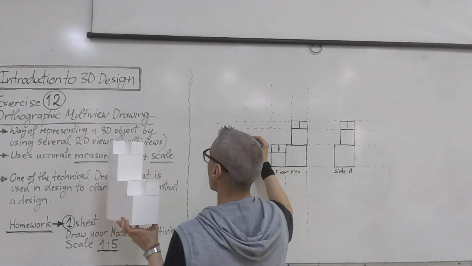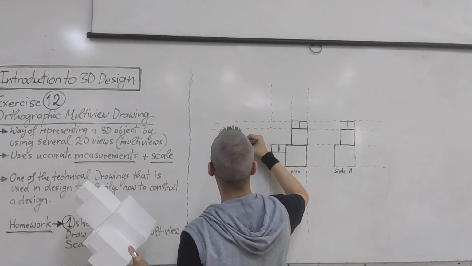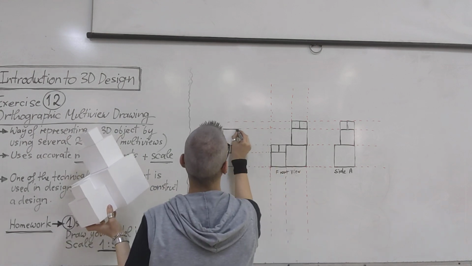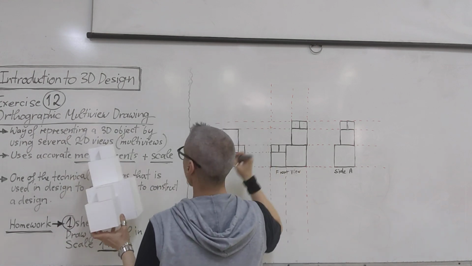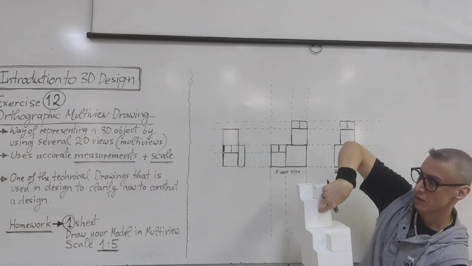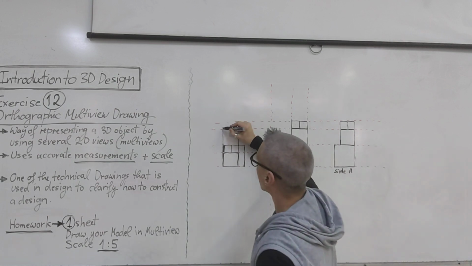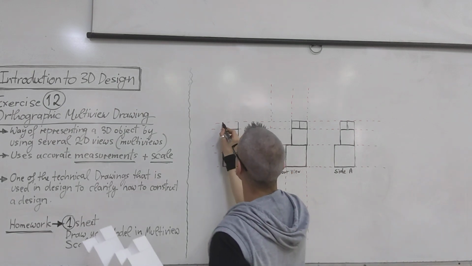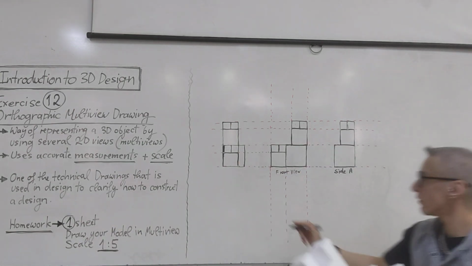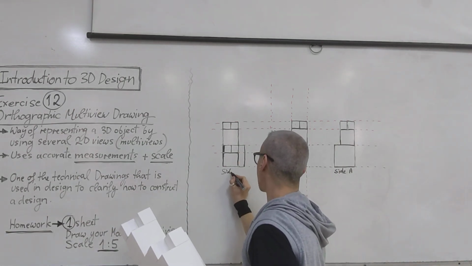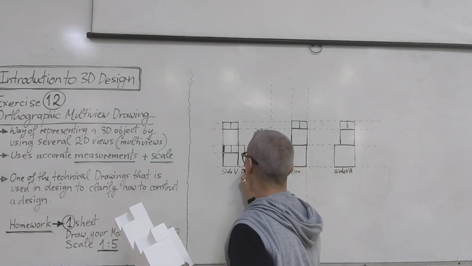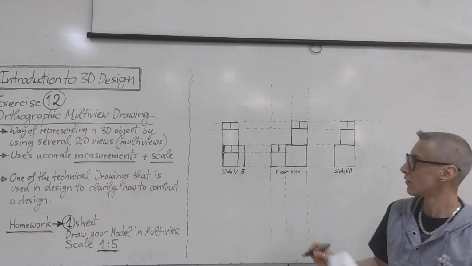This cube is located here. Okay? But we see this face. Now these two on top. So this is the other side view B. Okay?